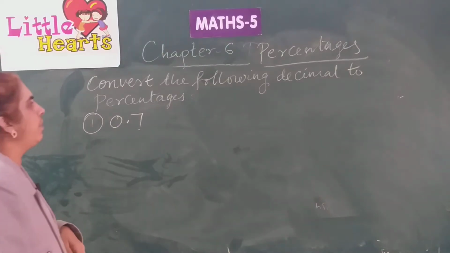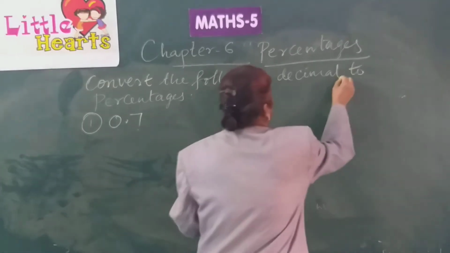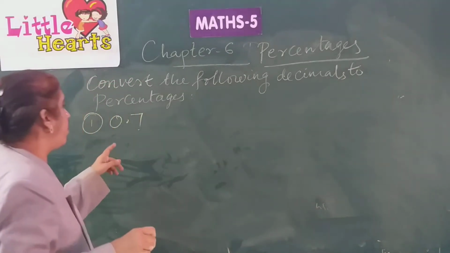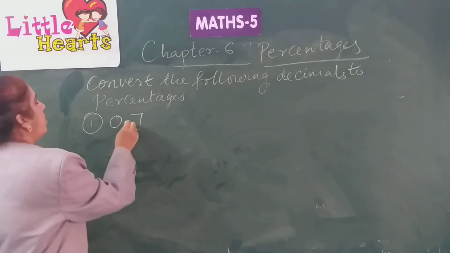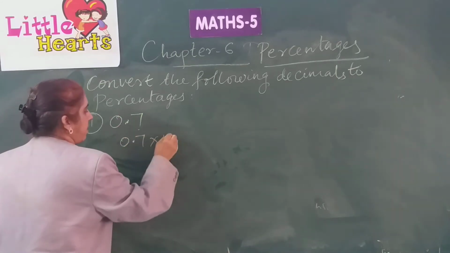Yes, children, convert the following decimals to percentages. So here is the first one, 0.7. Just multiply by 100.